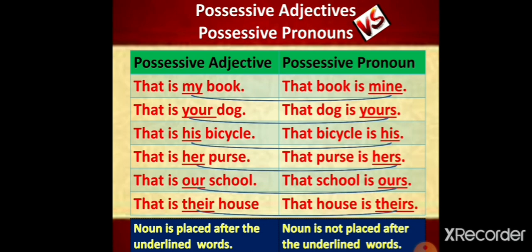They tell us who the owner is. चीज़ किसको belong करती है. But the thing is that कुछ conversion आ जाती है. My से mine, your से yours. इस तरह से the words get converted into possessive pronouns and there is no noun after the pronouns. इन pronouns के बाद कोई noun नहीं आता है sentence में.